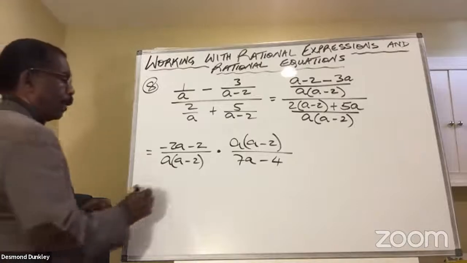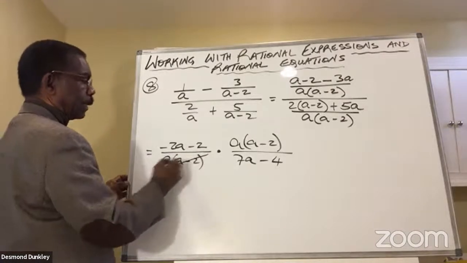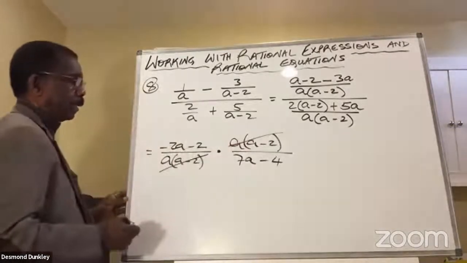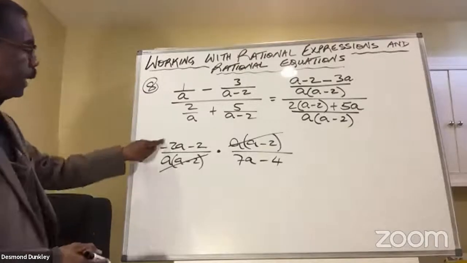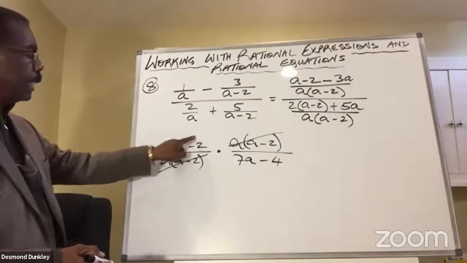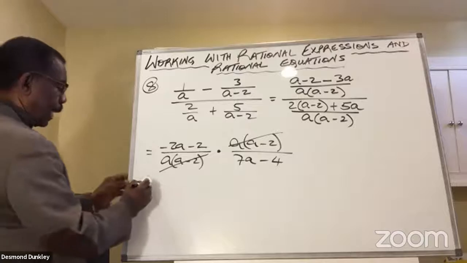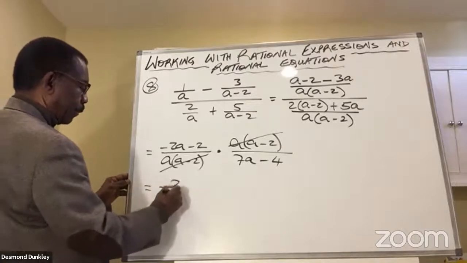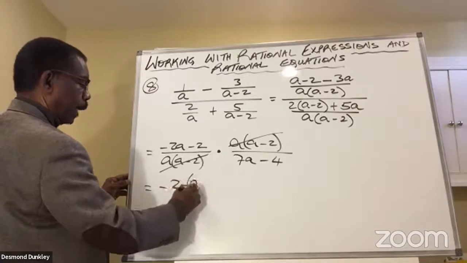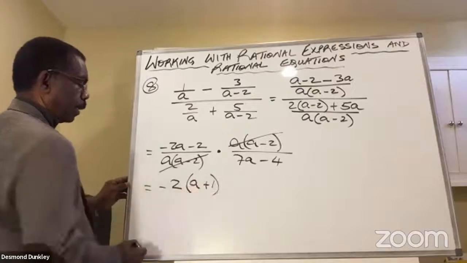When you look at this, you see that this cancels that. When we look at this, we notice that there's a negative 2 that's common, so I could write this as negative 2 times a plus 1.